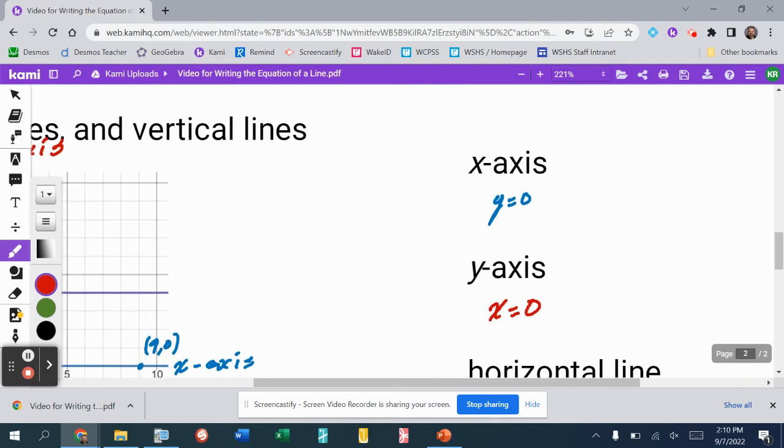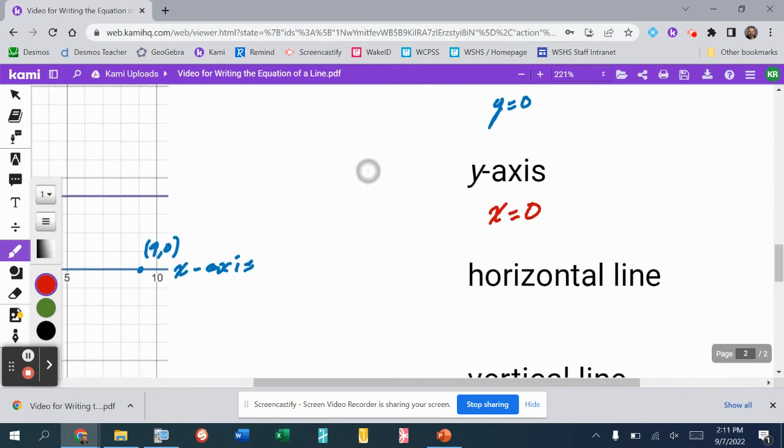If you're talking about the x-axis, it's going to be y equals 0. If you're talking about the y-axis, it's going to be x equals 0. So your equation is going to use just the other variable that's not used in the name of the axis.